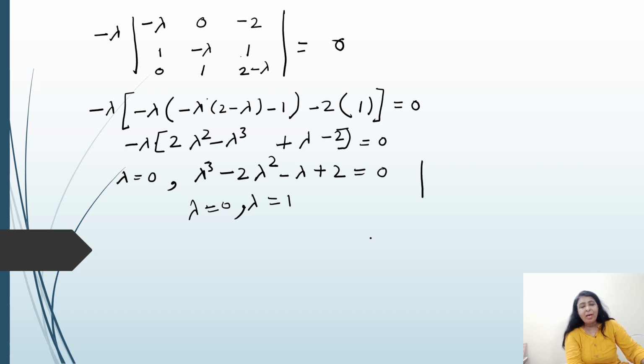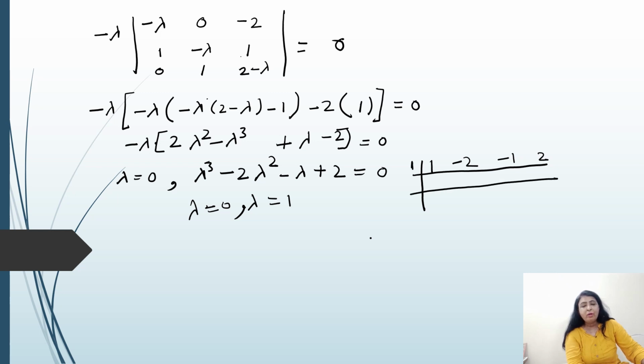Then we will apply synthetic division to find the quadratic equation. How to apply synthetic division? First of all, you write the coefficients of lambda cube, which is 1, then minus 2, minus 1 and 2. 1 is the root by hit and trial method.